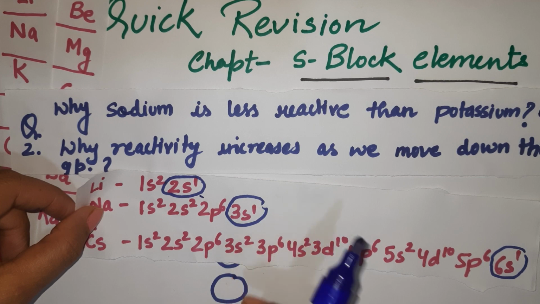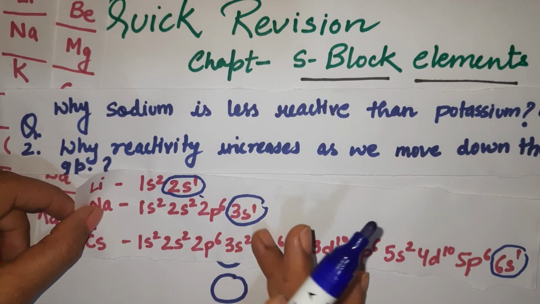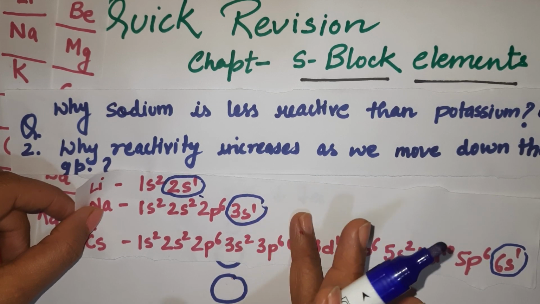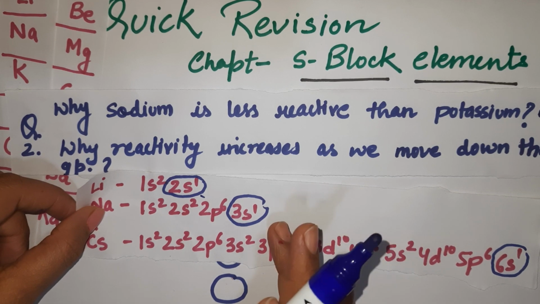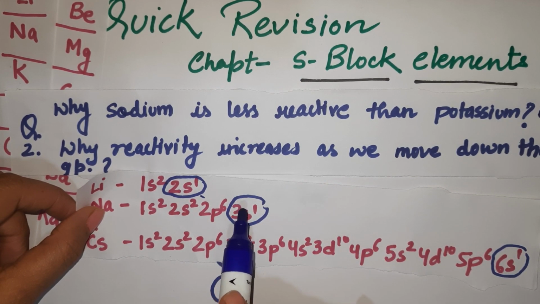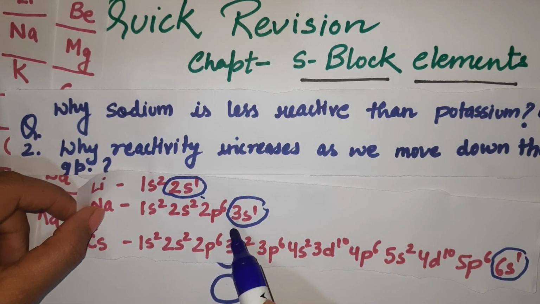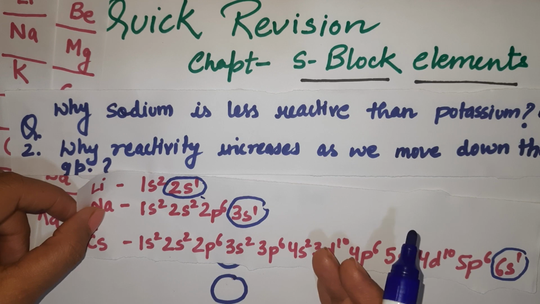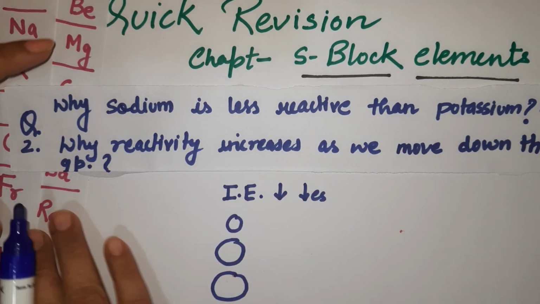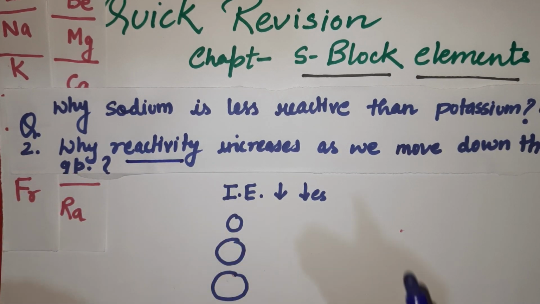This electron is loosely bound and we need very little energy to remove it. That energy is also known as ionization enthalpy. So as we move down the group, size increases, ionization enthalpy decreases, so the electron can easily take part in any reaction. That's why when we move down the group, the reactivity of the element increases.